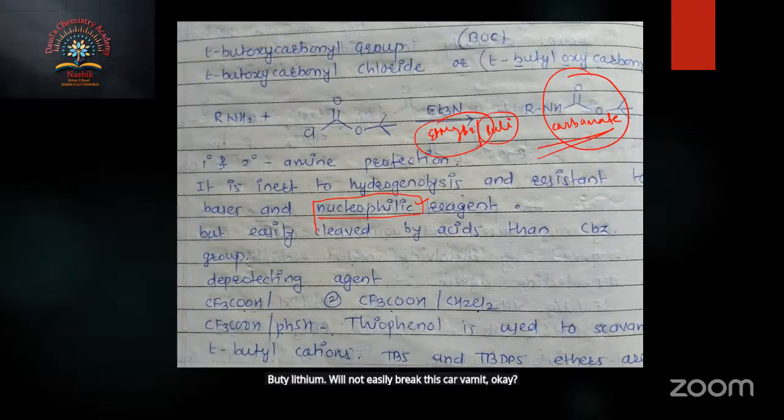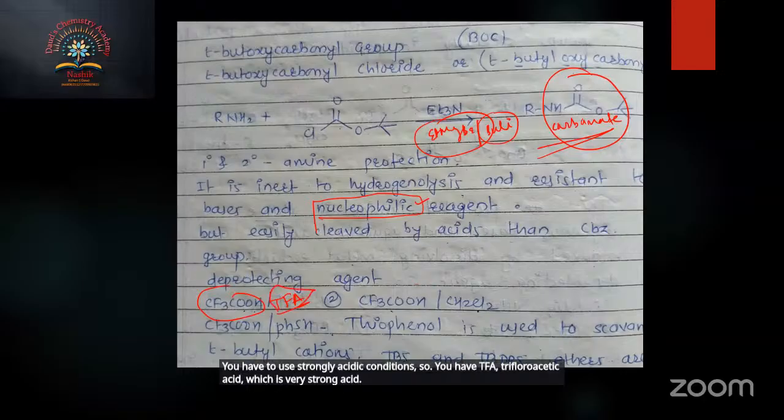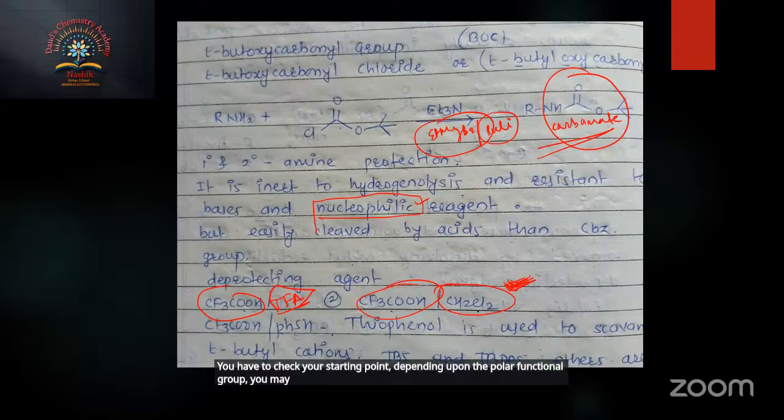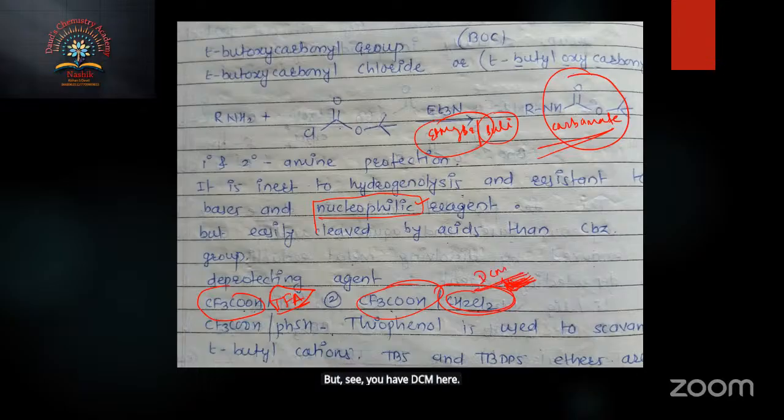Okay. You have to use strongly acidic conditions. So you have TFA, trifluoroacetic acid, which is a very strong acid. Okay. You can use different solvents, so solvent may affect your yield. You have to check your starting moiety depending upon the polar functional groups. You may use different polar solvents. But see, we have DCM here, right?